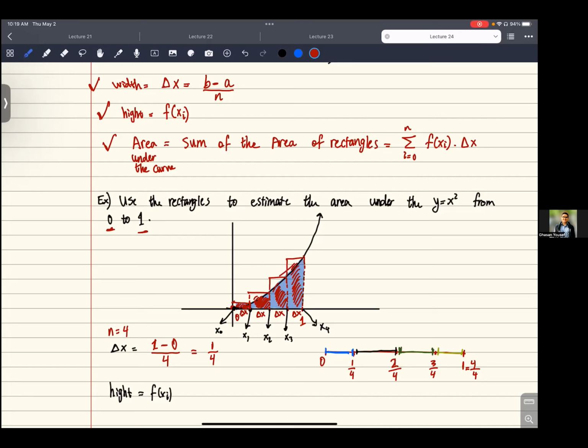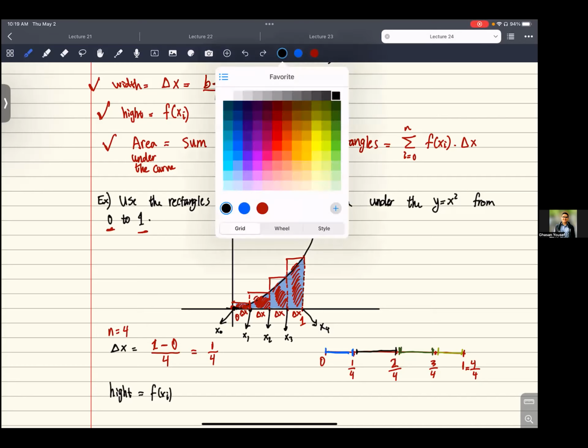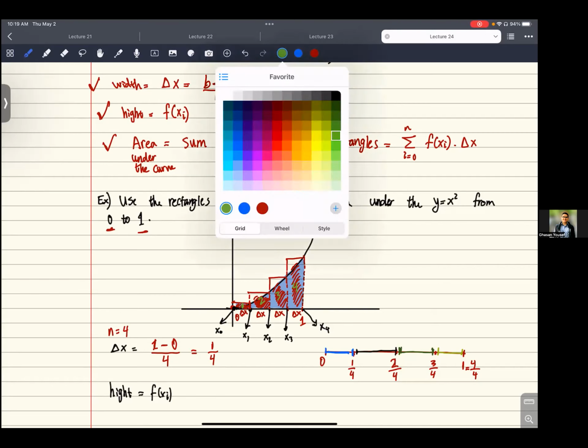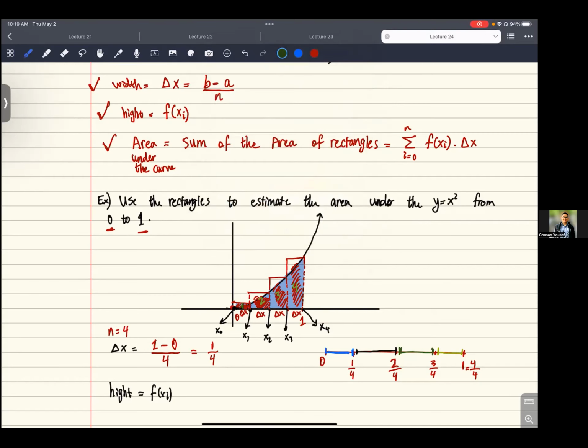By finding the area for each of these, number 1, 2, 3, 4, I can find an estimate of the area under the curve.